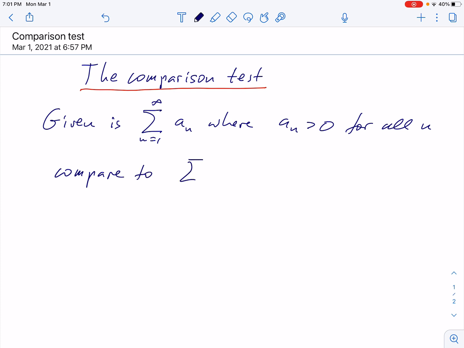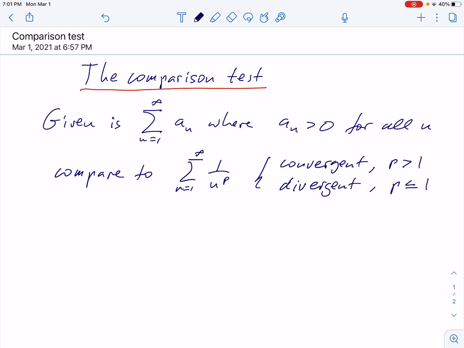The P series is this series which we studied with the integral test, and we know that this series is convergent when P is bigger than 1, and divergent when P is less or equal to 1.